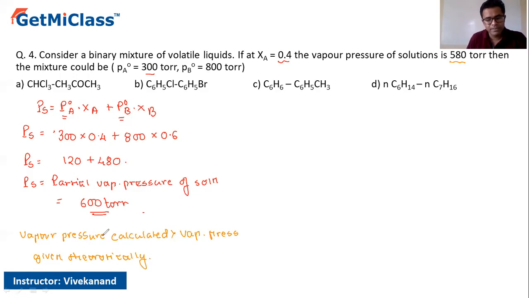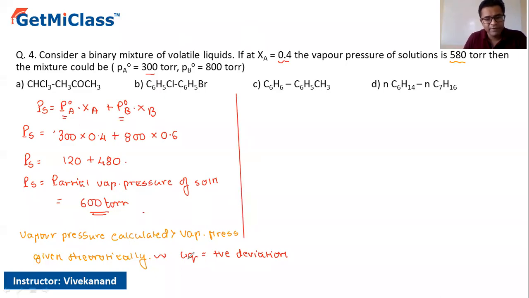So therefore, it is showing us more positive deviation. So it implies directly that this particular solution, this particular liquid, exhibits positive deviation. Okay, so it is going to show us a positive deviation.